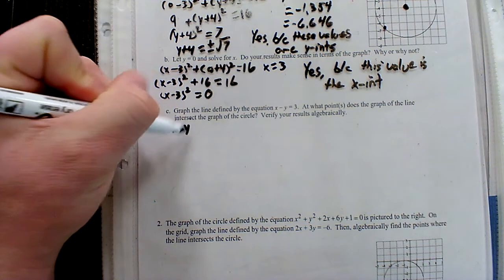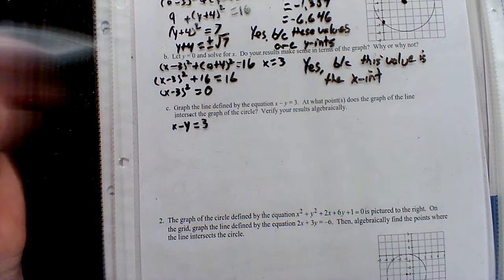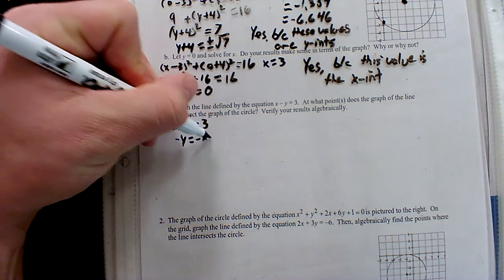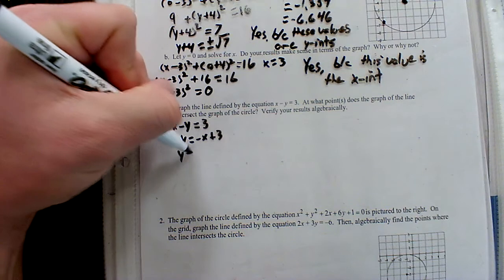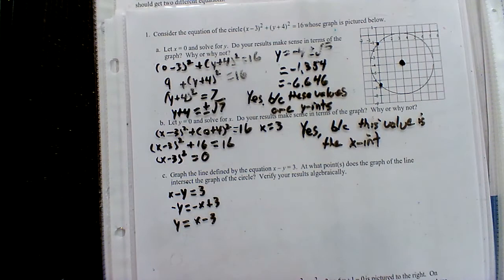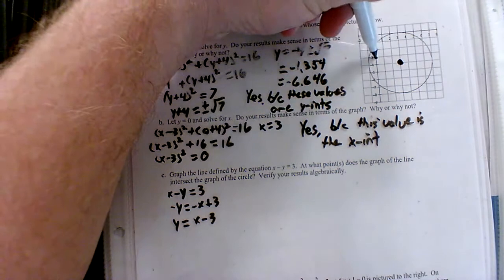So what we need to do first is put that equation into y equals mx plus b form. Makes it easier to graph. So now we're going to go back up after we find that and graph it. So we have minus 3.